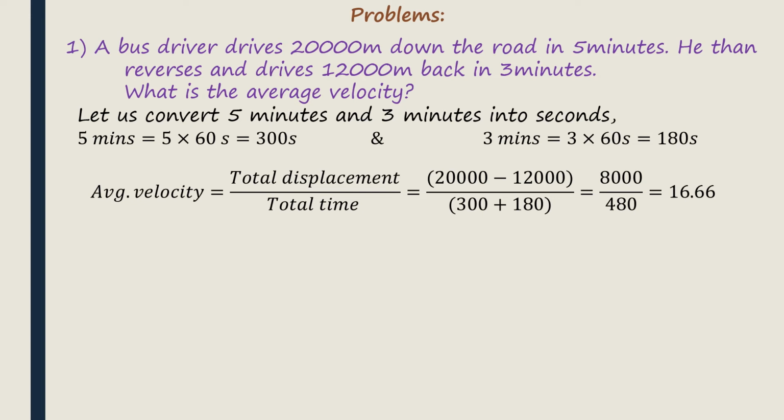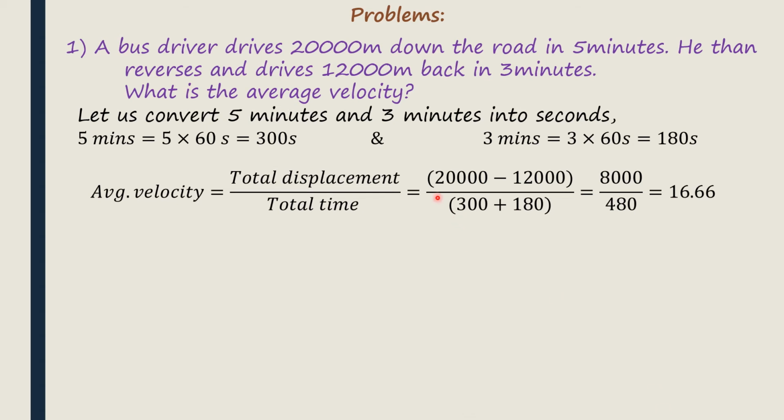But displacement is the shortest distance traveled between the initial and the final position. Now its initial position is the starting point, and the final position is somewhere midway. How do we find that? The displacement will be 20,000 minus 12,000.